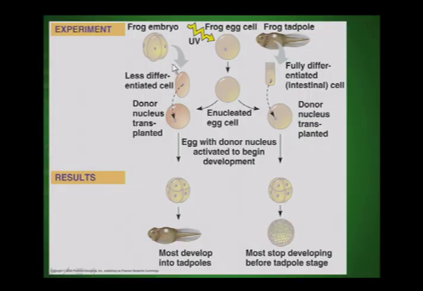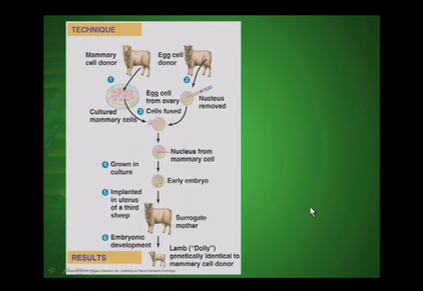Now, in vertebrates, we've been able to clone amphibians for quite a while. Generally, we've used embryonic cells, merged those with egg cells in which the nucleus has been modified or eliminated, and then we've been able to get adults from that. Historically, we had difficulty using differentiated adult cells to do that. And as you may know, we've gotten past that hurdle, and one of the really famous examples of this was the sheep Dolly.